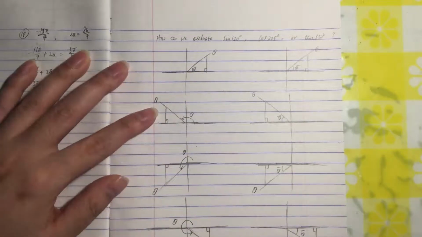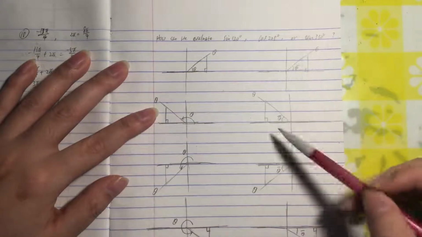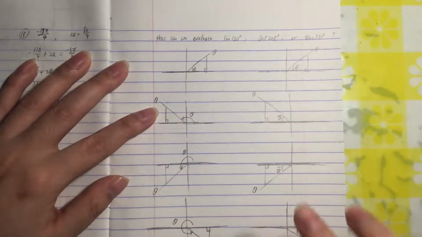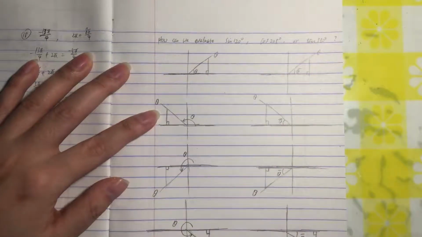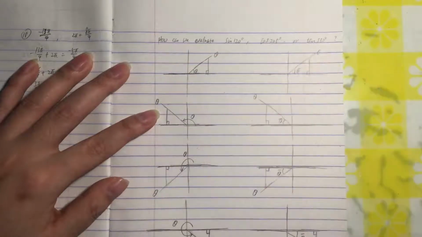And finding trigonometry values using the reference angle is much easier because it's an acute angle. So using the reference angle to find special trigonometry values is much easier than using angle theta itself.